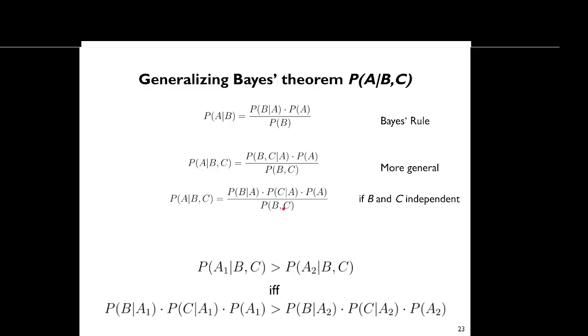Now, how valid is this assumption that B and C are independent? Generally, there will be many cases where it is, but practically, of course, there will be exceptions. So take, for example, words in messages. Are they always independent of each other? Well, usually, maybe yes. The word ball and the word key are not dependent on each other.